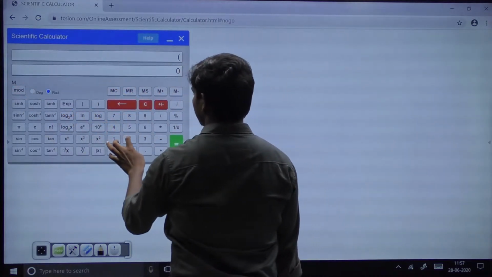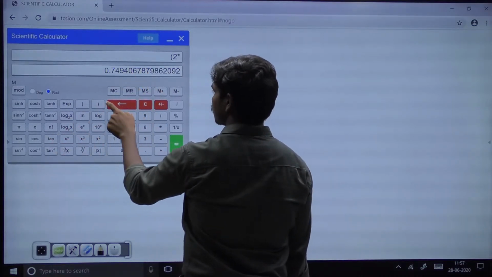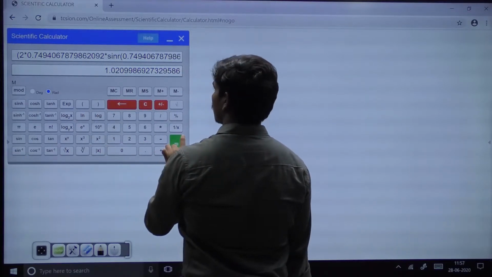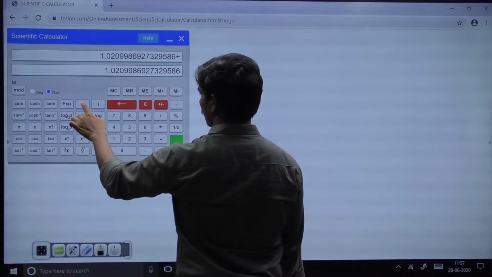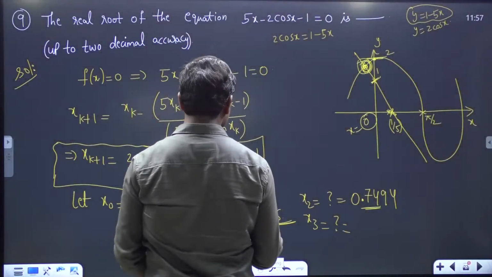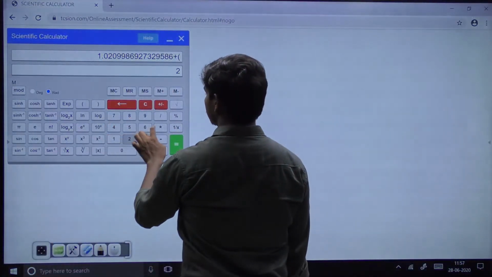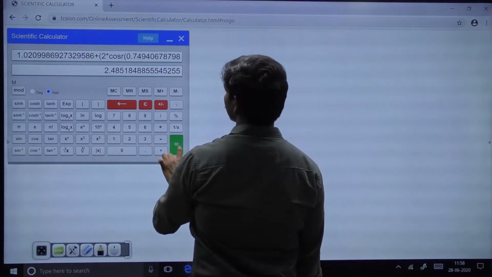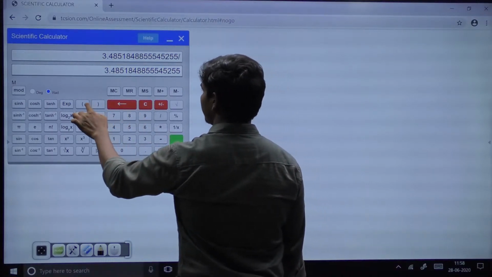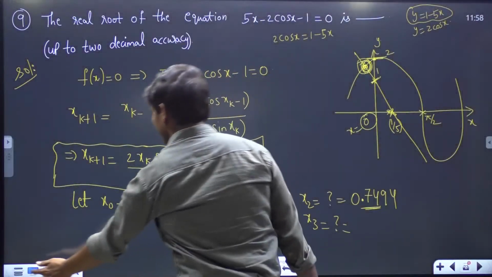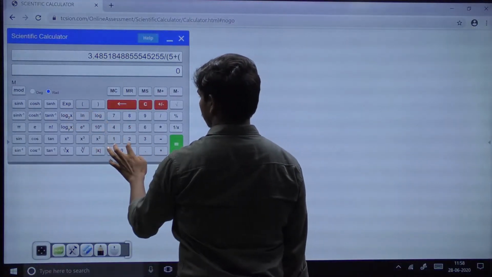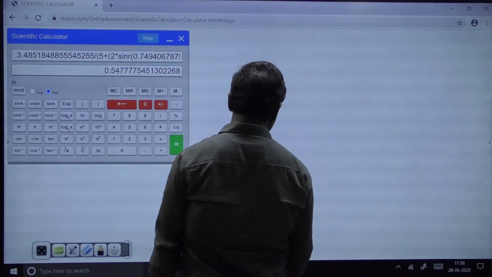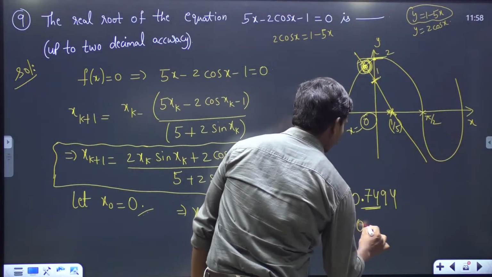Next, 2 times memory recall into sine of it, plus 2 times cos xk, plus 1, divided by 5 plus 2 sin xk. So if you see 0.54 something.